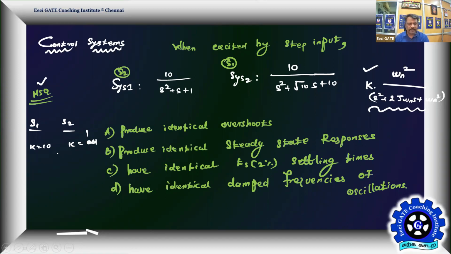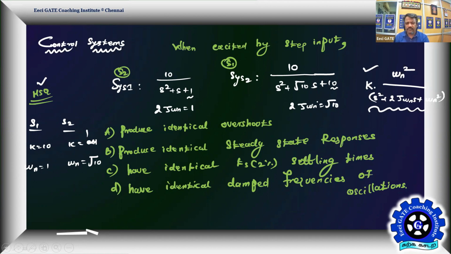Then what about omega n square? For system 1, omega n square is 1, and for system 2, omega n square is 10. That means system 1 has omega n equal to 1, whereas system 2 has omega n equal to root 10. Then compare 2 zeta omega n. For system 1, 2 zeta omega n is equal to 1. For system 2, 2 zeta omega n is equal to root 10.